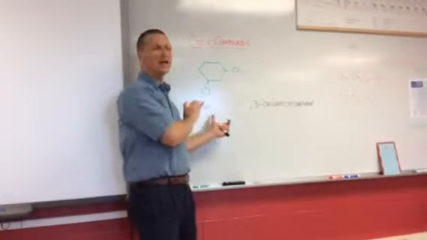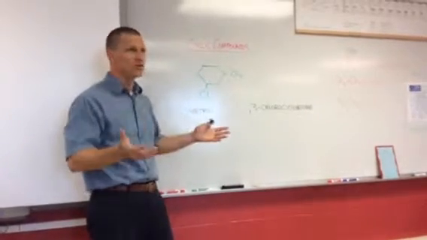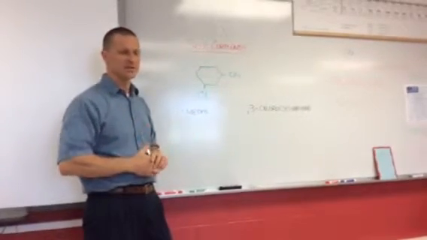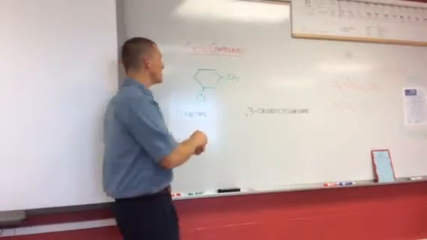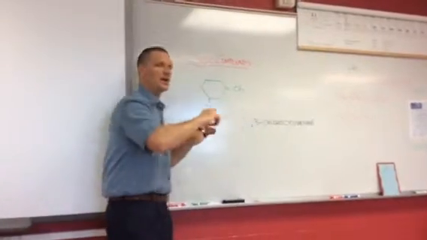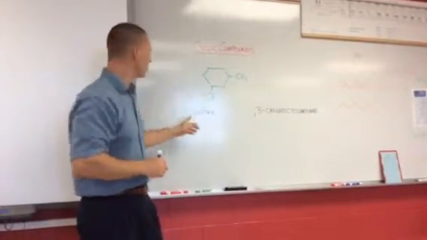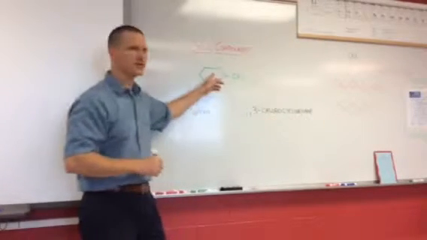But no, I could live with methyl first before chloro. That's a general rule. I'd like you to do it that way, and I'm going to survive if you don't. Okay? As long as I could see that if you gave this name to somebody, they should be able to come up with that structure by drawing. Would you be able to take that name and come up with that structure?